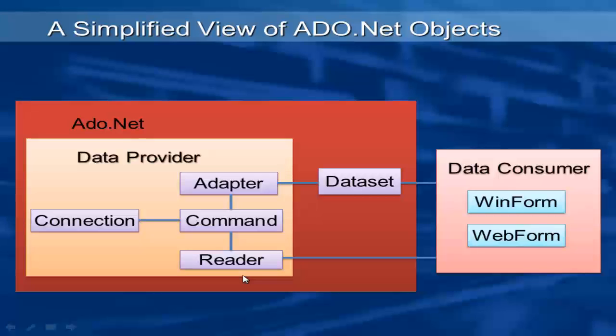It knows how to read, but it doesn't know how to update. It knows how to read the content which is there in the table of a database, but it does not know how to write back to the database. Now you may be thinking, why does somebody have to do that? Remember, not all the time will you update the database.